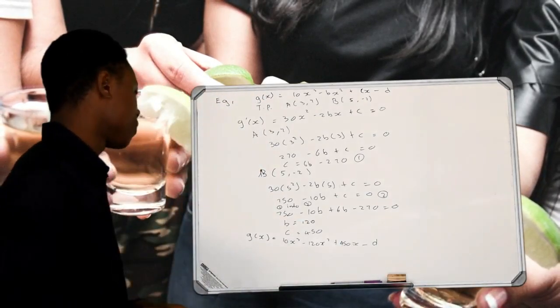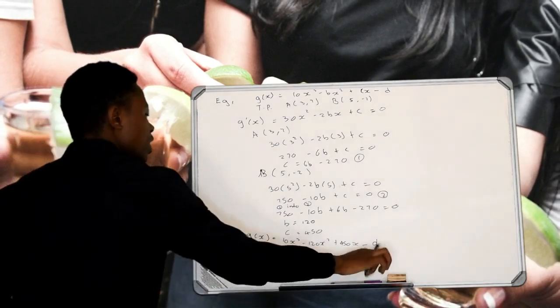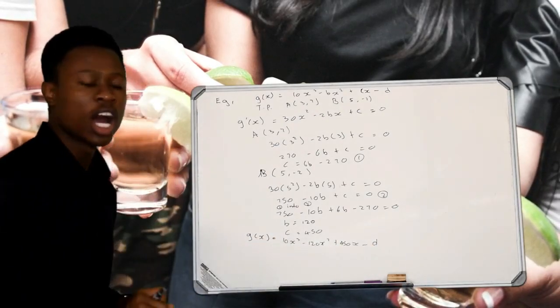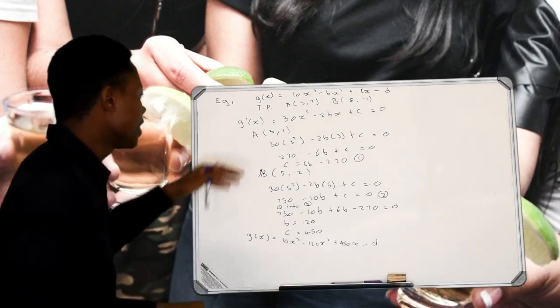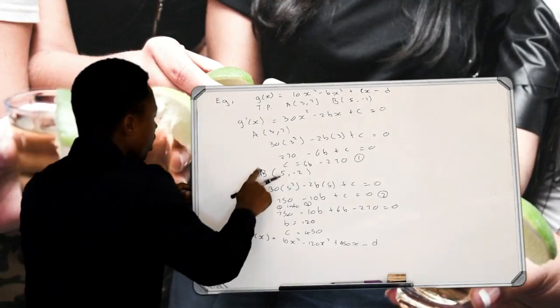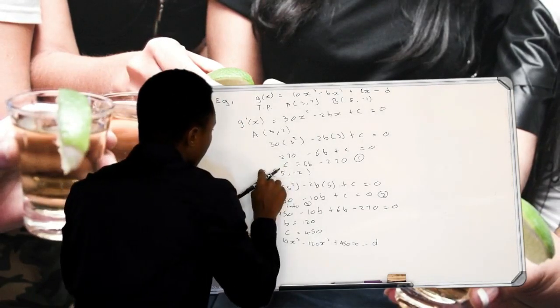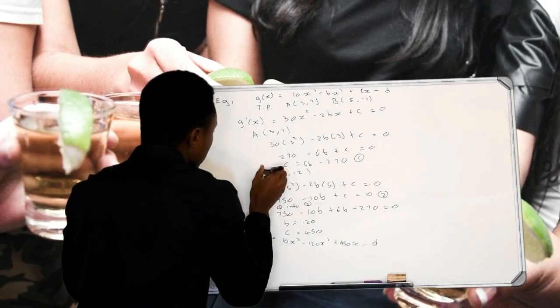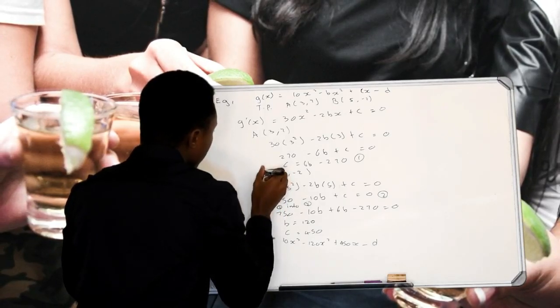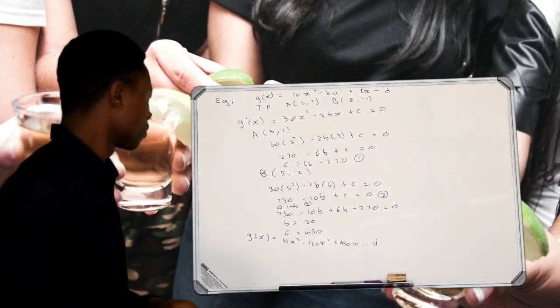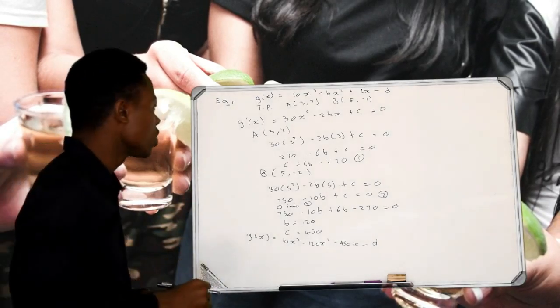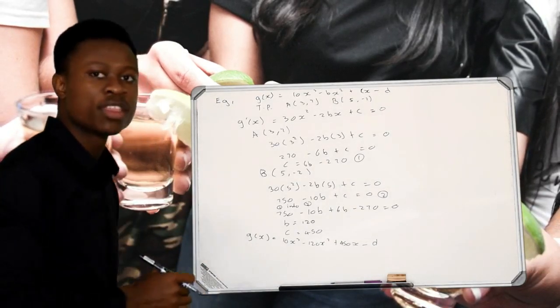This is what I have, but I'm still missing d. I don't know what d is. How do I find what d is? I take one of these turning points. I can either take B or I can take A, right? It doesn't matter which point you use because it will result in the same answer.